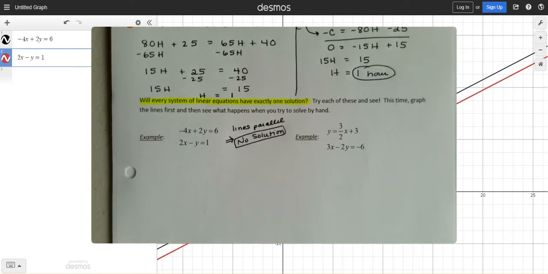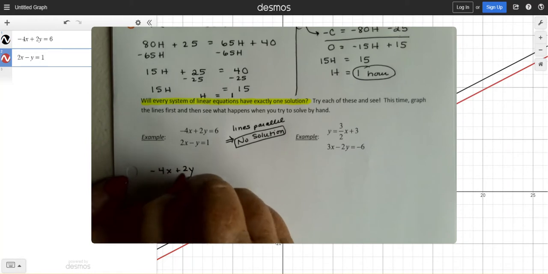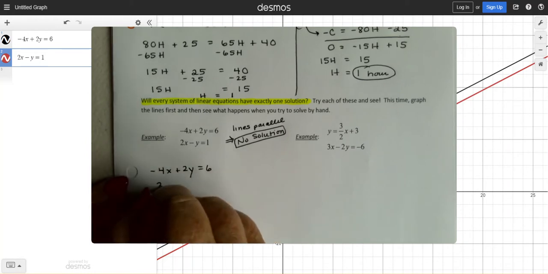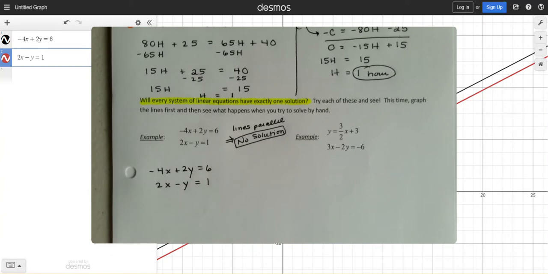All right, how would you know that if you were trying to solve a system of equations using algebra? Let's take a look. I'm going to go ahead and use an elimination method on this one.